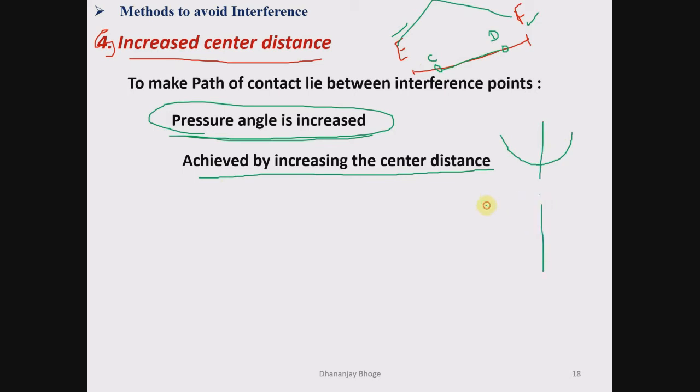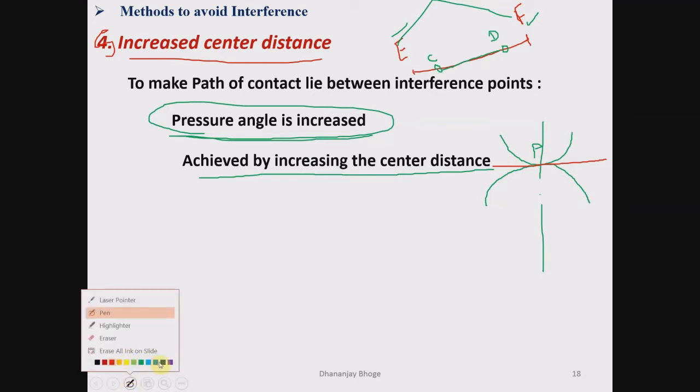Okay, so these are the two pitch circles of meshing gears which are in contact with each other at pitch point. If I draw the common tangent to these two pitch circles at the pitch point, and I will now draw the base circles. Okay.